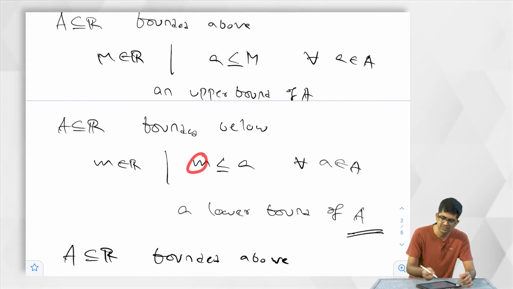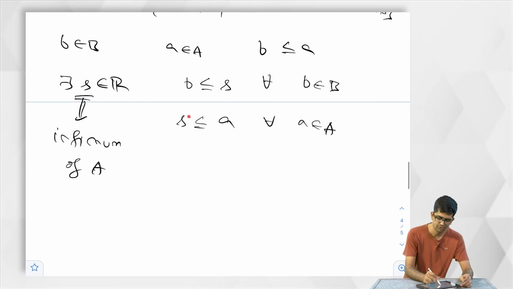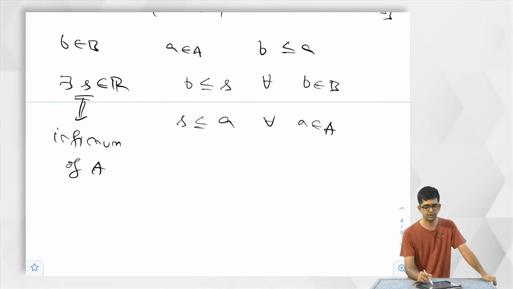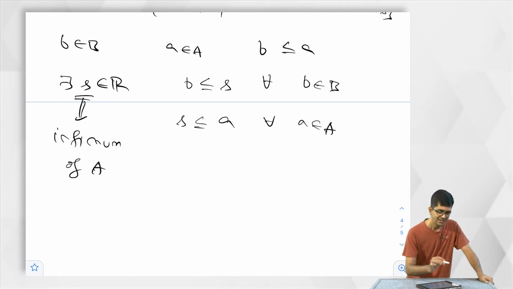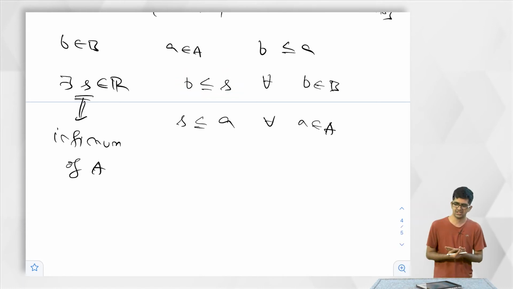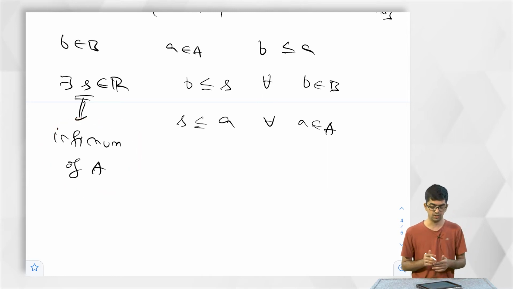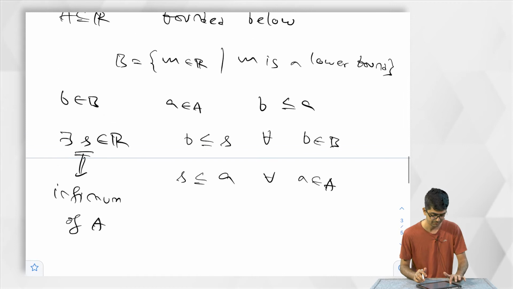So, M we said it is lower bound of A. So, here we are saying S is the lower bound of A. Then for any other, see what is B? B is the collection of all lower bounds. So the second condition says for any lower bound of A, S is greater than or equal to that. So these are the two conditions that define the notion of infimum of a bounded below subset of R.